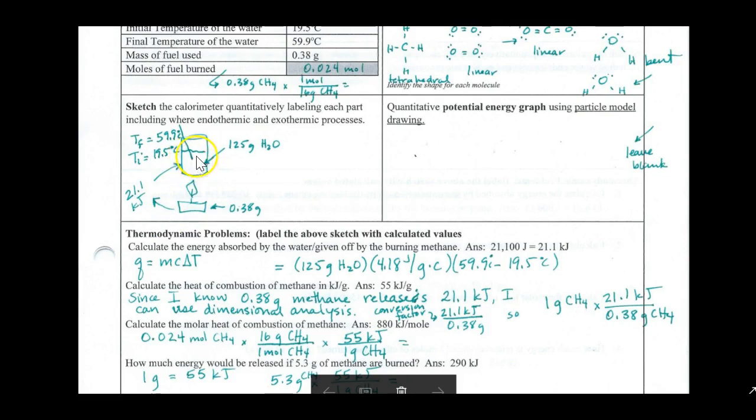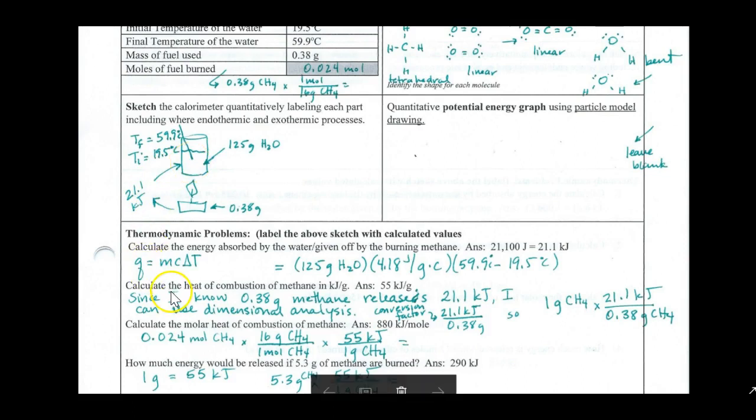So if we can find how much energy went into the water, we can also determine how much energy came out with methane. And using Q equals mc delta T, I was able to determine that it was 21.1 kilojoules of energy that was absorbed by the water through the methane. So 21.1 kilojoules left the methane and got transferred into the water.